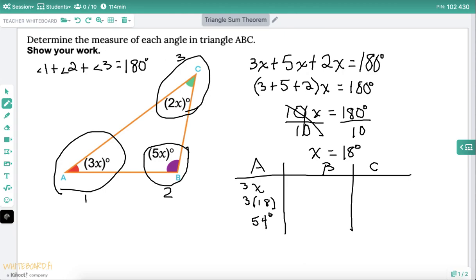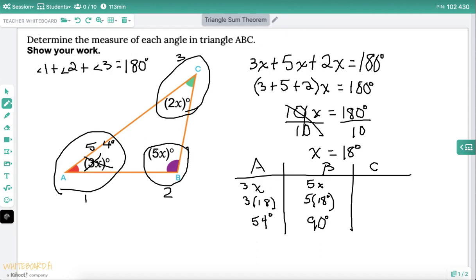So angle A is 54 degrees. So right now I can cross this out and write 54 for that. Okay, angle B is represented by 5x. So I'll go ahead and put that in that column. X we know is 18, so that substitutes x. And 5 times 18 is 90 degrees.